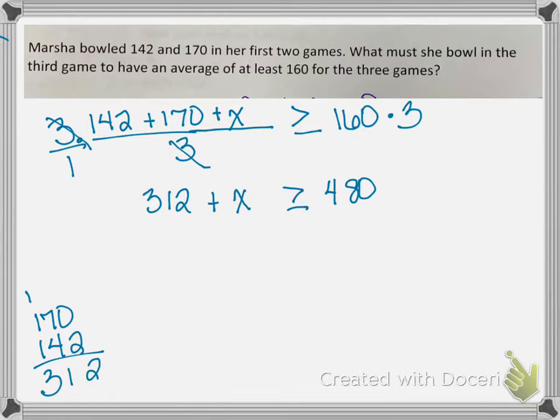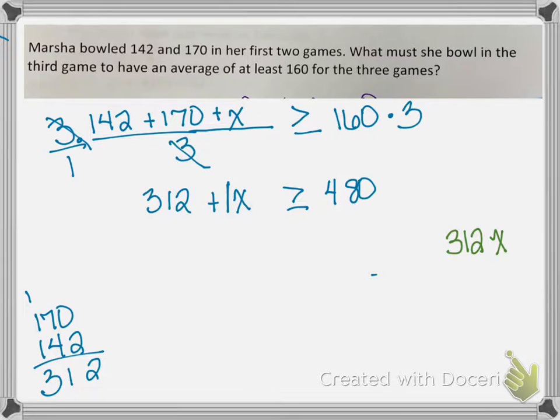Something else students do, I guess we don't see a lot of inequalities or equations set up with a 1 in front of the x and then something that you're adding. For some reason, a lot of students end up writing, instead of 312 plus x, 312x.